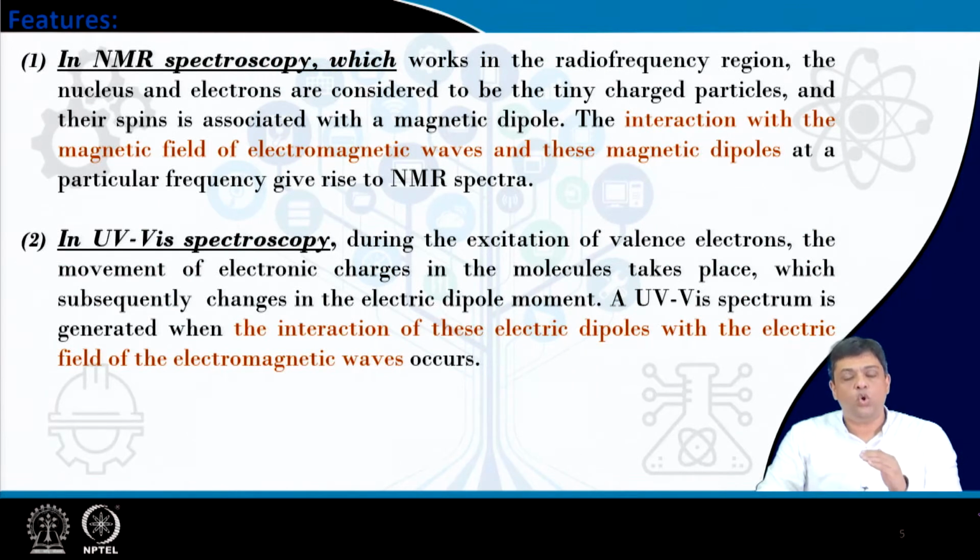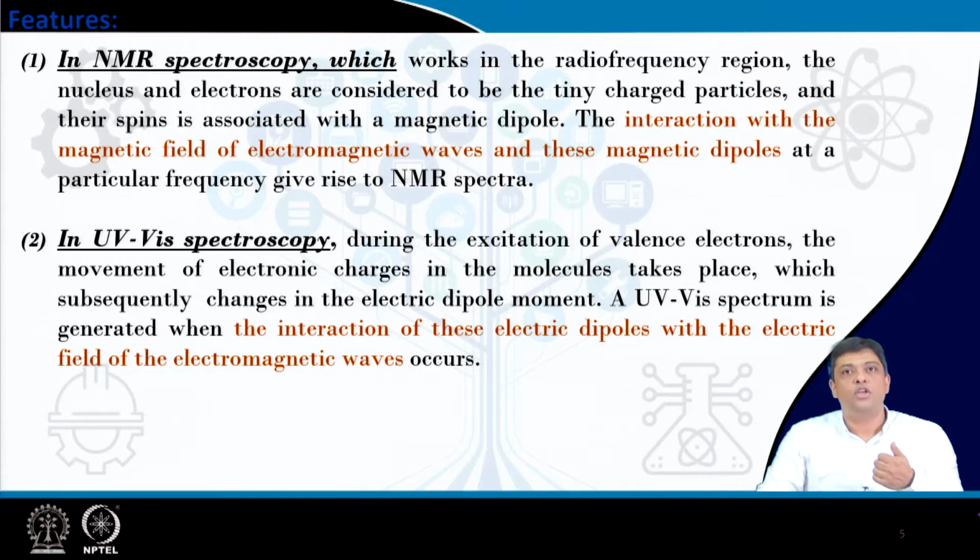As we said, you have E component and B component in the EM wave. So, we have 2 types of techniques, one NMR, other UV-Vis. Just a very layman type difference.